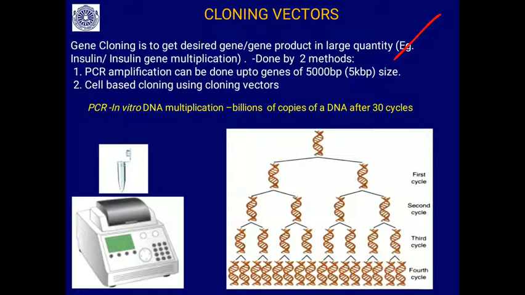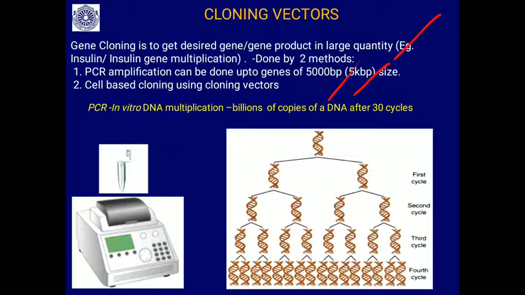PCR amplification is an in vitro amplification of the gene of interest, but it has limitations. DNA below 5 kilo base pairs, that is 5000 base pairs in size, can be amplified with the help of PCR.